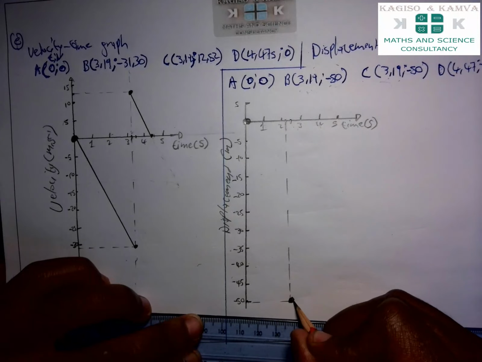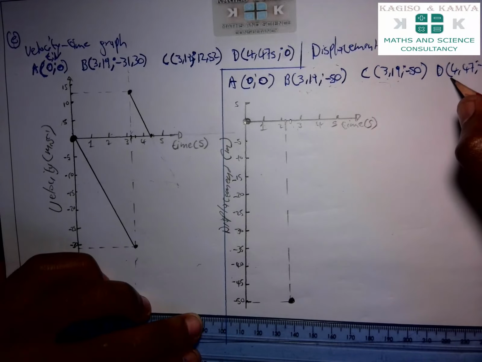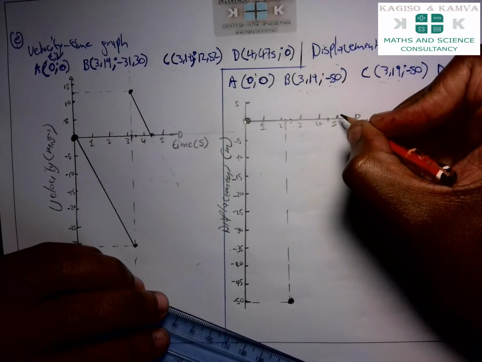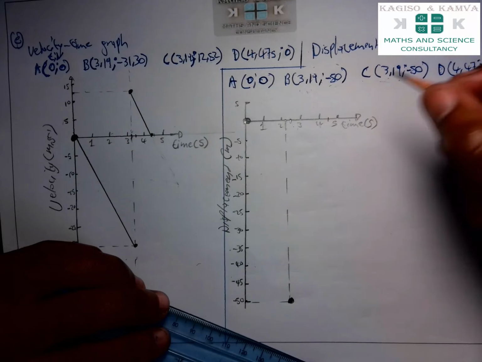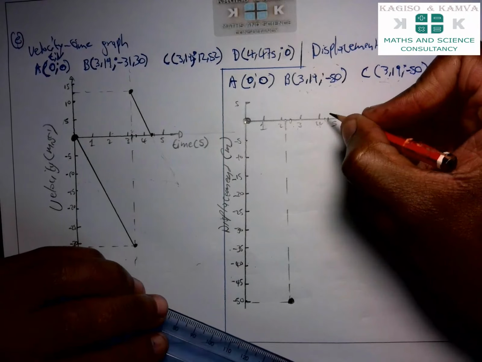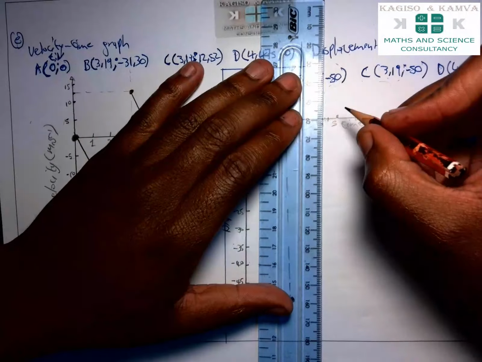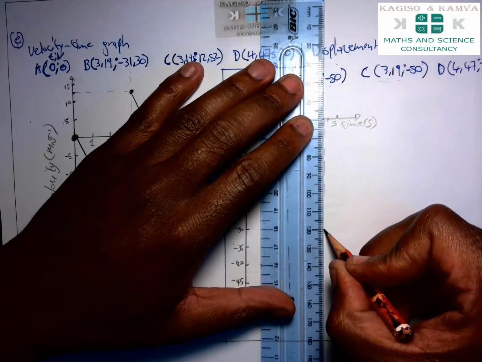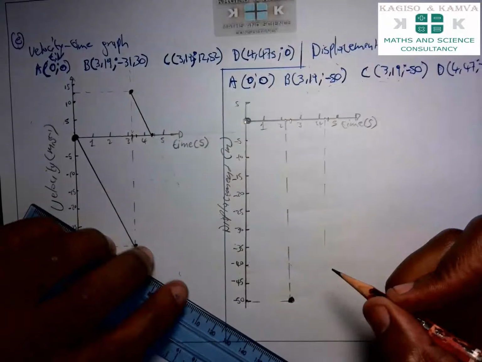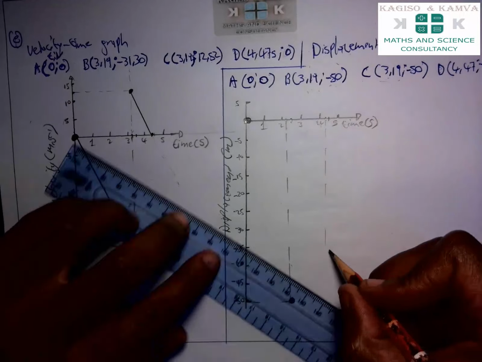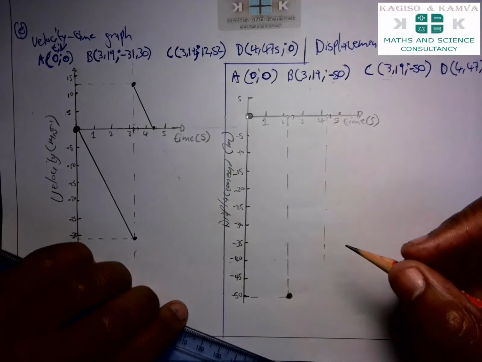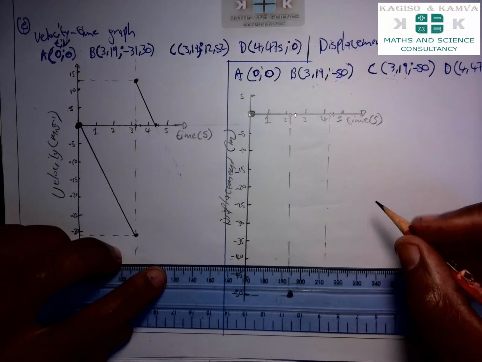The point is still there. At D, at 4.47, 4.5 somewhere there, and then 4.47 just adjacent to 4.5, and then we take it down there to what? To negative 42. Okay, 42 is going to be somewhere here.